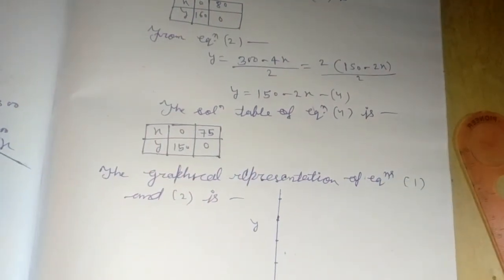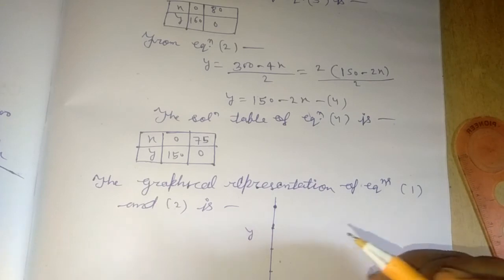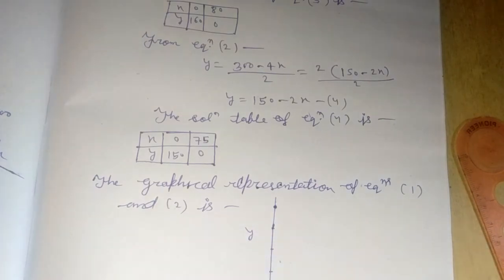First, when we take x equal to 0, we get y equal to 160. So here will be the first point. When we take x equal to 80, we get y equal to 0. Now join these.